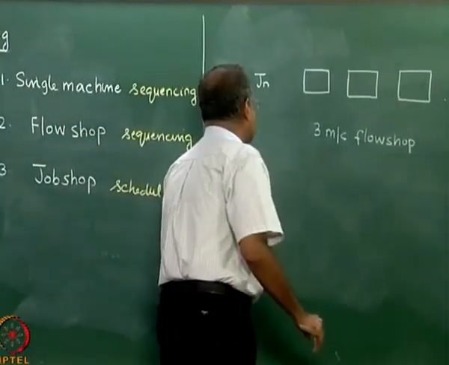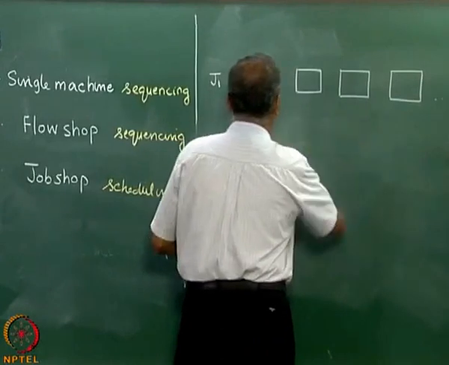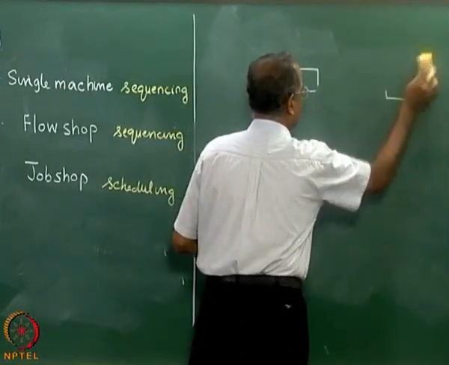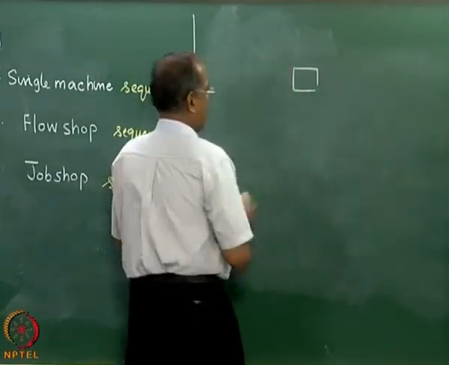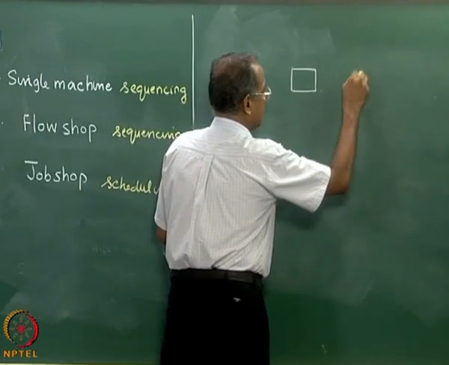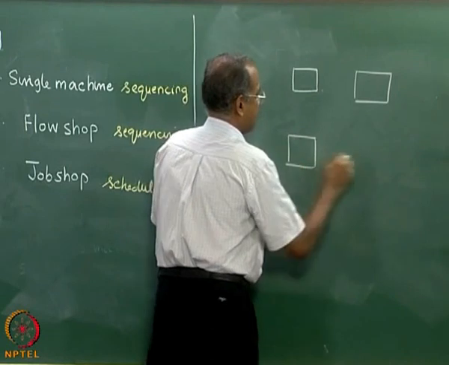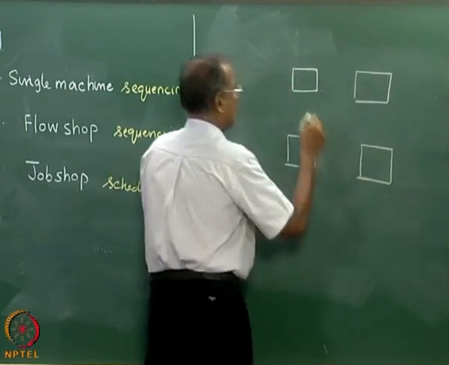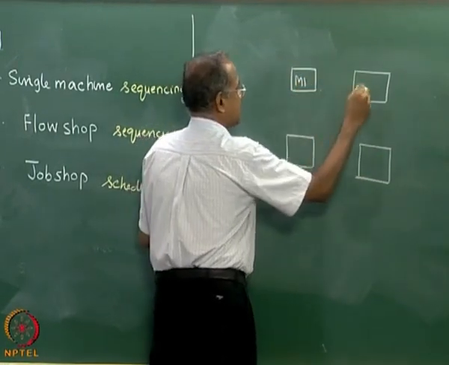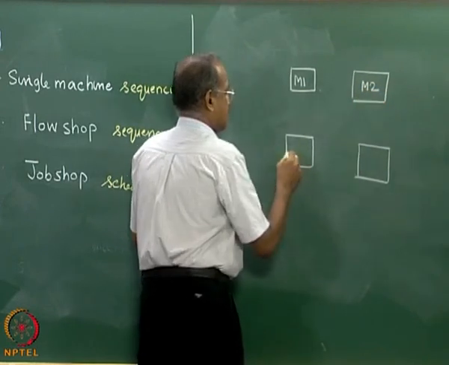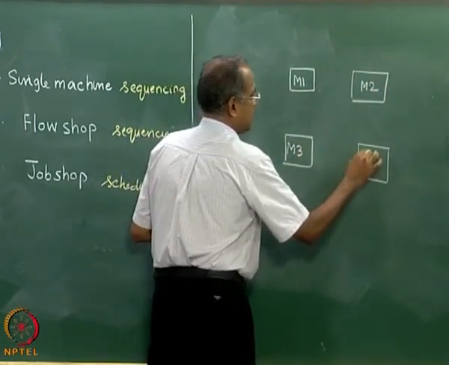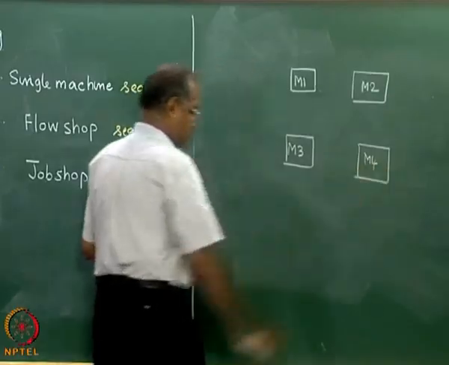Then we move to the last one, which is called the job shop. So this could be M1, this could be M2, this could be M3, this could be M4.